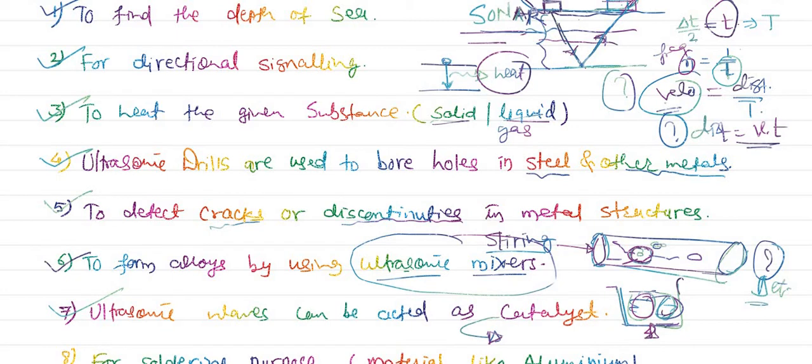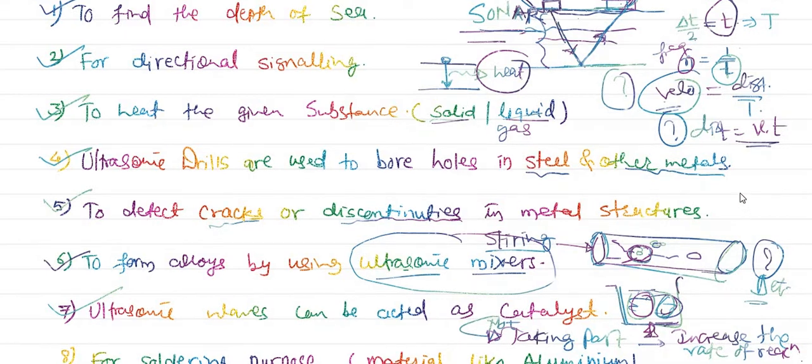A catalyst is the agent which does not take part in the chemical reaction, but it can increase the rate of reaction. Yes or no? For such a purpose, ultrasonic waves can work very efficiently, so they can work as a catalyst.